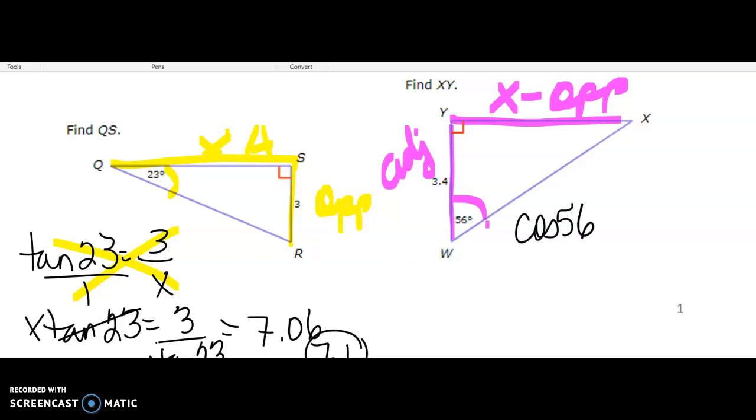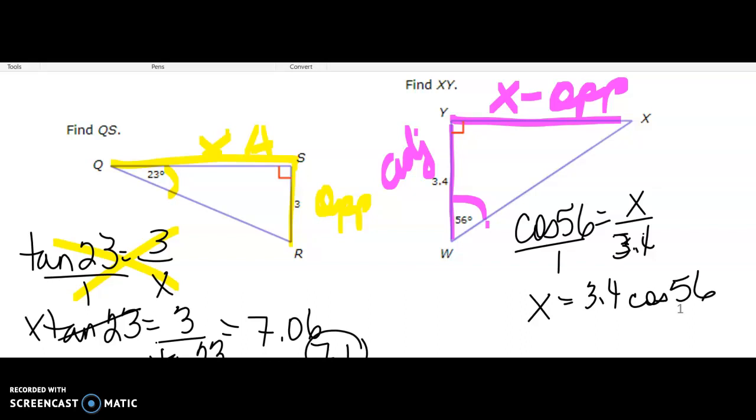Cosine 56 equals opposite over adjacent. Don't really know why I put this one on here because we've already done something like this. So if I put this over 1 times x is 1x, 3.4 cosine 56. 3.4 cosine 56 is 1.9.